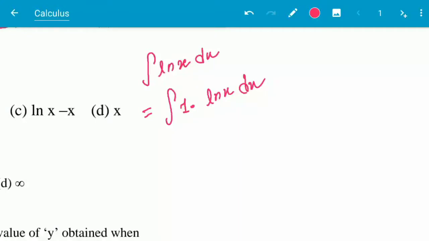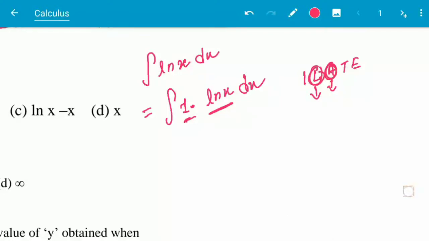We consider one as the first function and the other as the second function, and then apply ILATE. Here one is an algebraic function and the other is a logarithmic function. So the first one will be the logarithmic function, and then the algebraic function.